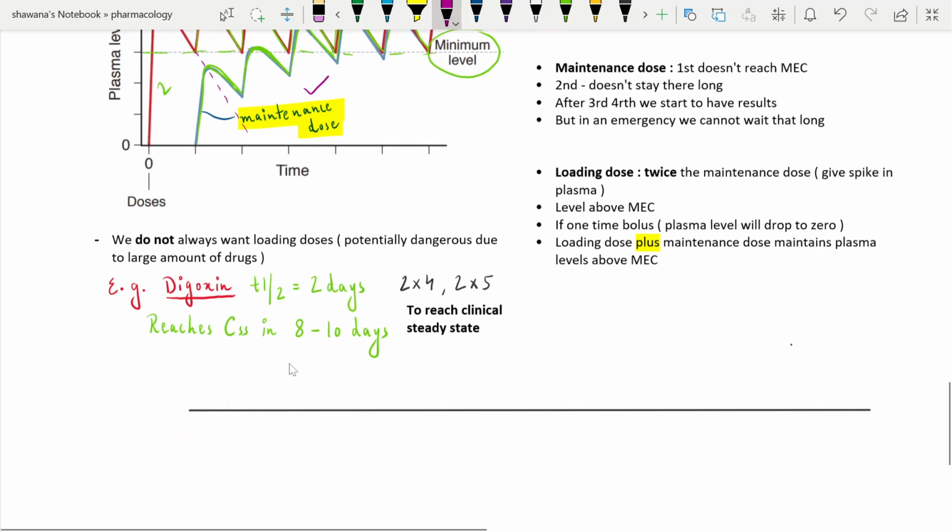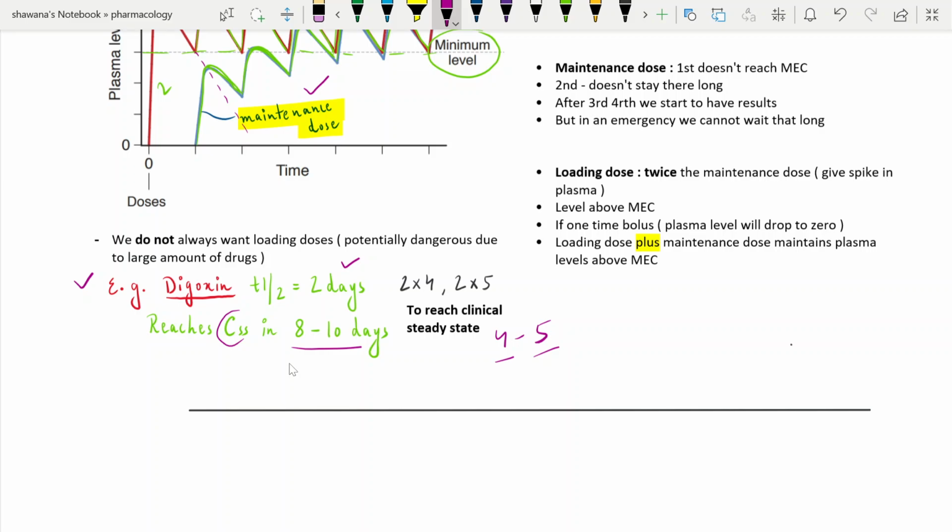For example, the drug digoxin has a half-life of 2 days. So it reaches the clinical steady state in 8 to 10 days. We have talked that for a drug to reach the clinical steady state, it should have passed 4 to 5 half-lives. So 2 fours are 8 and 2 fives are 10. 8 to 10 days.